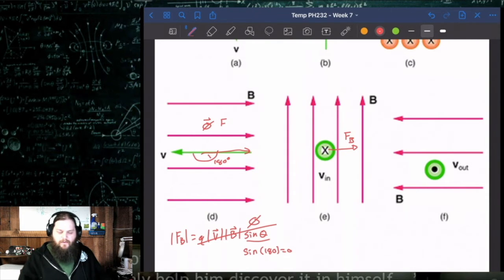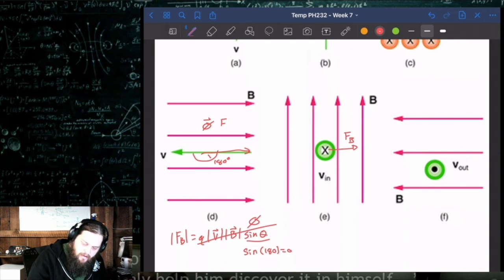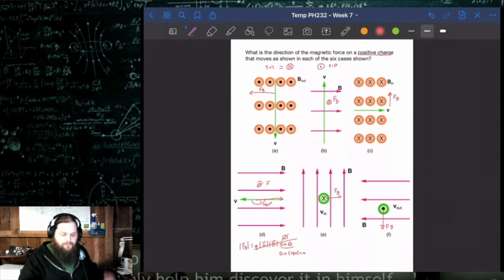Looking at this last one, we're going to go out of the page, and I need to curl my fingers this way, and my thumb's pointing downwards. So pointing out of the page, curling my fingers, my thumb points down. So since my thumb's pointing down, this is the force.